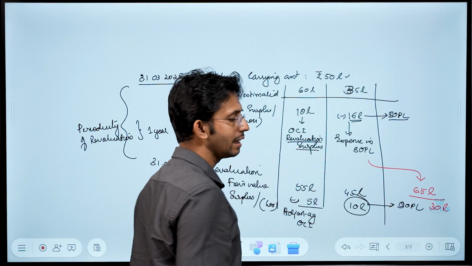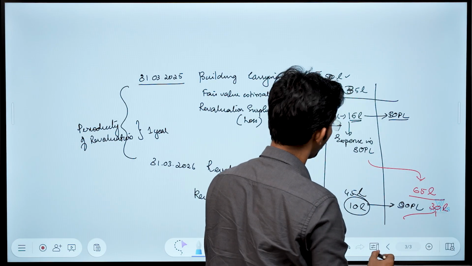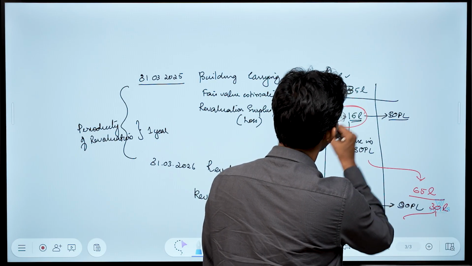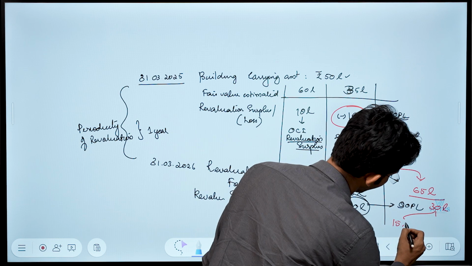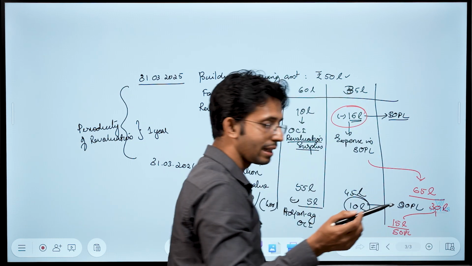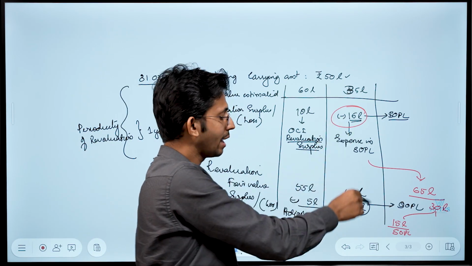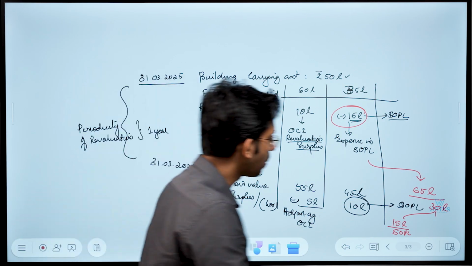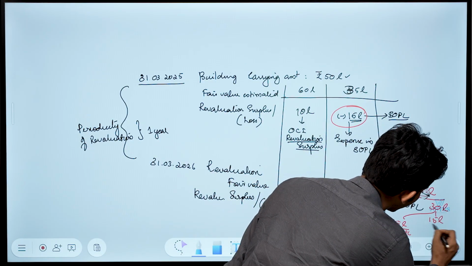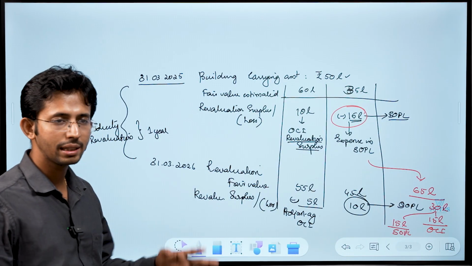How do you take this 30 lakhs? This has to be divided into 2. To the extent of the loss which you have already recognized, that is 15 lakhs, it will be taken to SOPL, because it is a reversal of the expense which you have already recognized. And the balance 15 lakhs will come as OCI in the revaluation surplus. I hope that is clear to you.